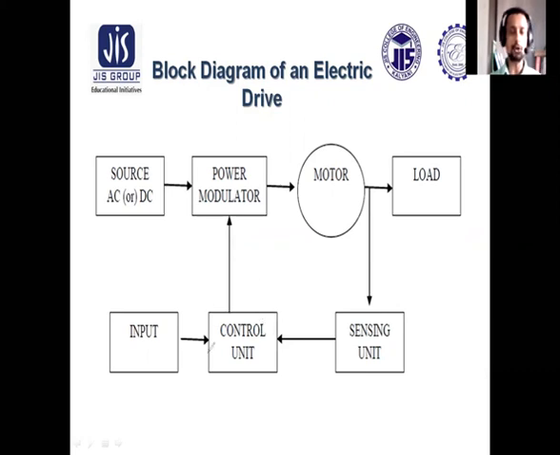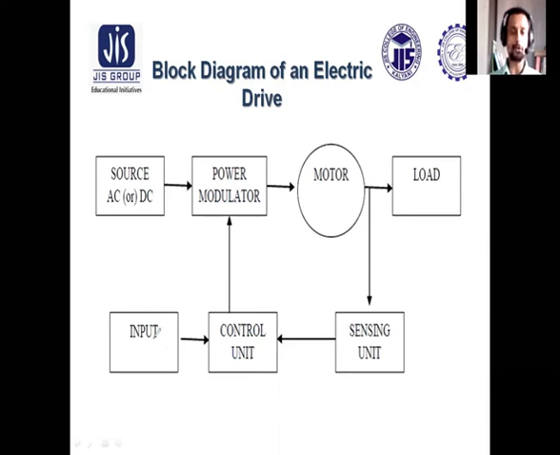Now, what does the control unit do? This control unit works as the brain. It controls the entire system. How, that we'll discuss later. What input is this? This is an input to the control unit. This input is generally of low voltage, and this could be considered as a command signal.